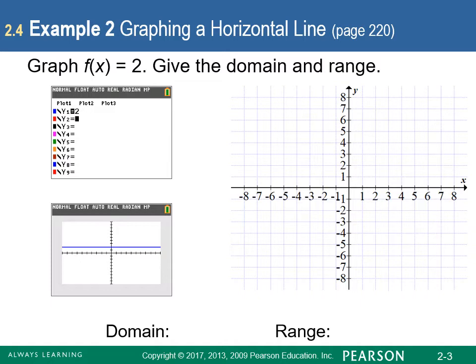You notice it goes through 2 on the y-axis and goes horizontal in both directions. Now again, it goes forever in both directions. So the domain is going to again be -infinity to infinity. The range, however, will simply be the number 2.